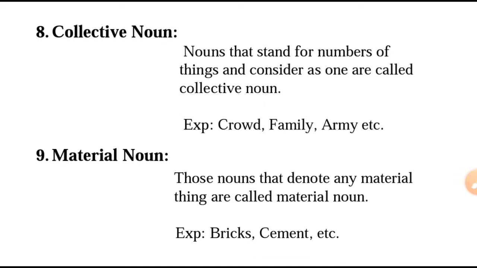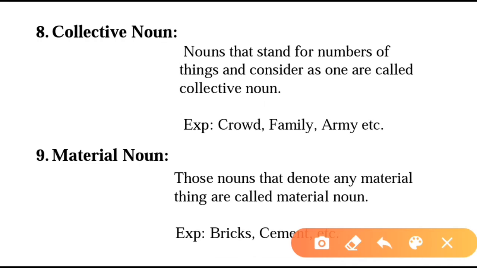A few examples to make it clear: crowd, family, and army, etc. Crowd is one word, one noun, but in a crowd you will have a large number of people.